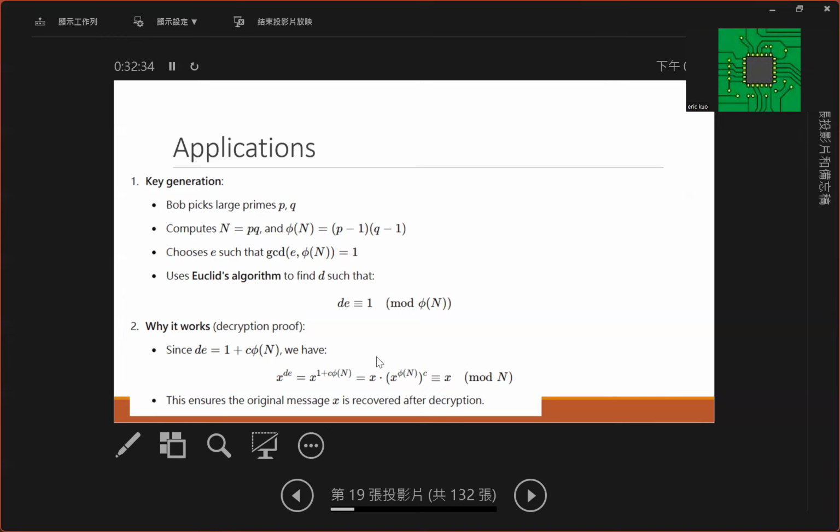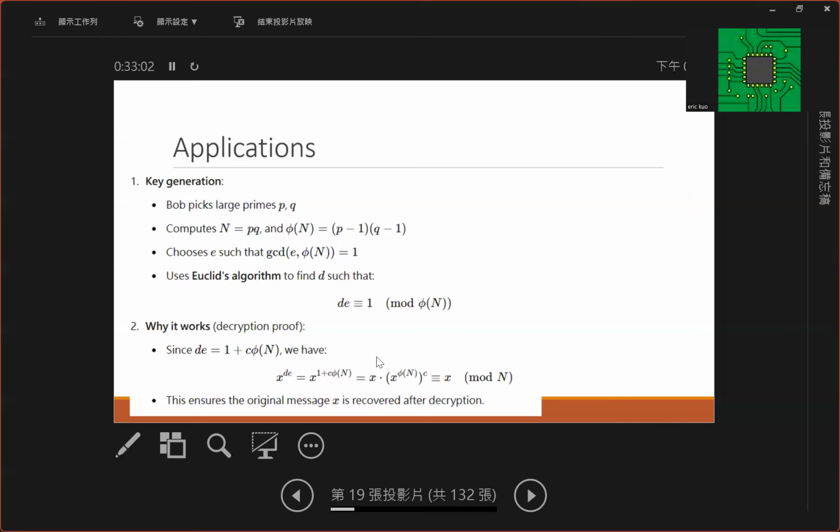Bob knows all these numbers, and Bob can choose e such that GCD of e and phi of n is 1. phi of n may have more prime factors, but it is very simple to choose this, because GCD is easy to compute. If I give you two very large numbers, you can very easily compute their GCD. So Bob just picks whatever e such that this is true.